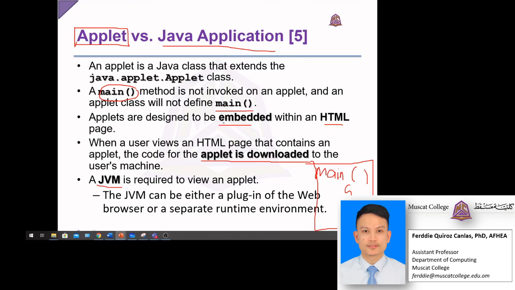On the other side, a full Java application has a main, so it requires a main function to run. From the main function, it could jump to any part of the code.